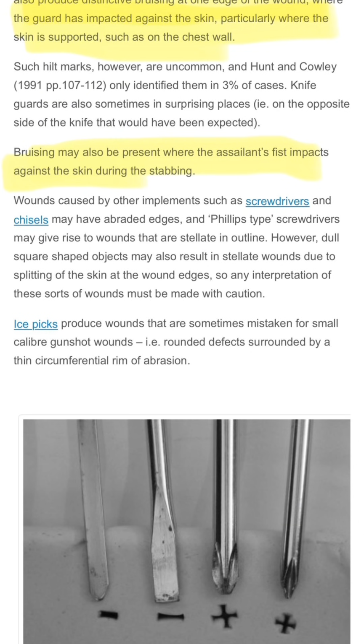It says wounds caused by other implements such as screwdrivers and chisels may have abraded edges. So this goes on to talk about those. And this is, again, how a medical examiner would differentiate what the weapon is. Ice picks, for example. So we know after the medical examiner did the autopsies that they said it was a stabbing with a large blade knife.